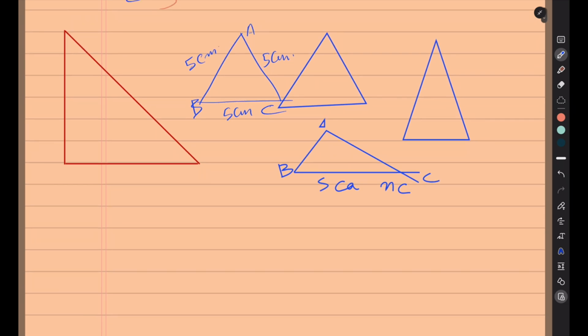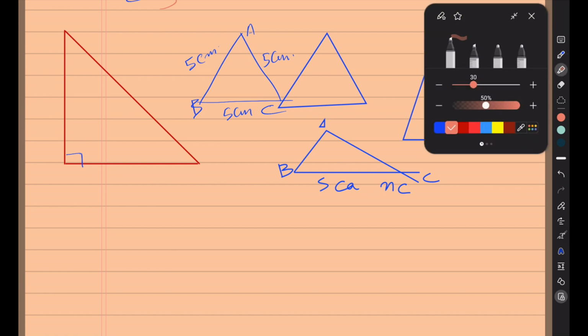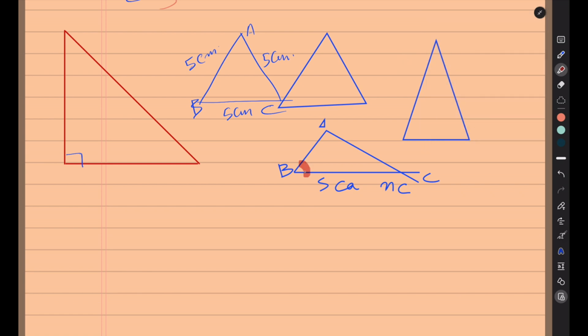So here you see we have made a right angle triangle, and in case of a scalene triangle, all the sides are not equal, and all the angles are also not equal. And for the equilateral triangle, all sides are equal and all the angles are also equal, isn't it?